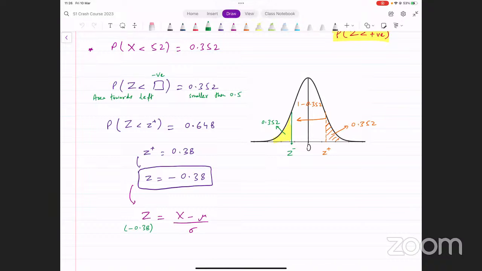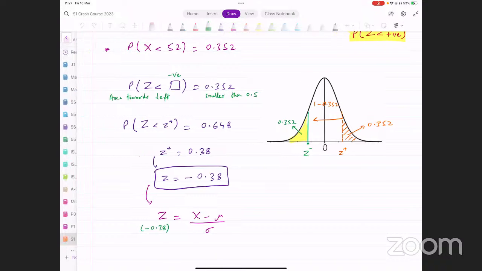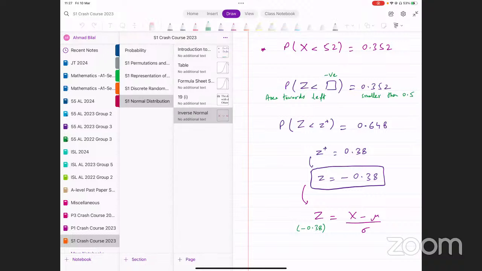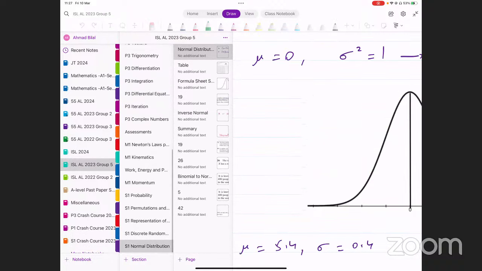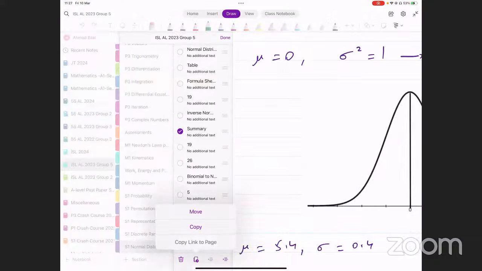All right, so this is how inverse normal is going to work. Now, let me just summarize what we've done until now. Let me see if I can find that somewhere here. Yeah, just copy this here.